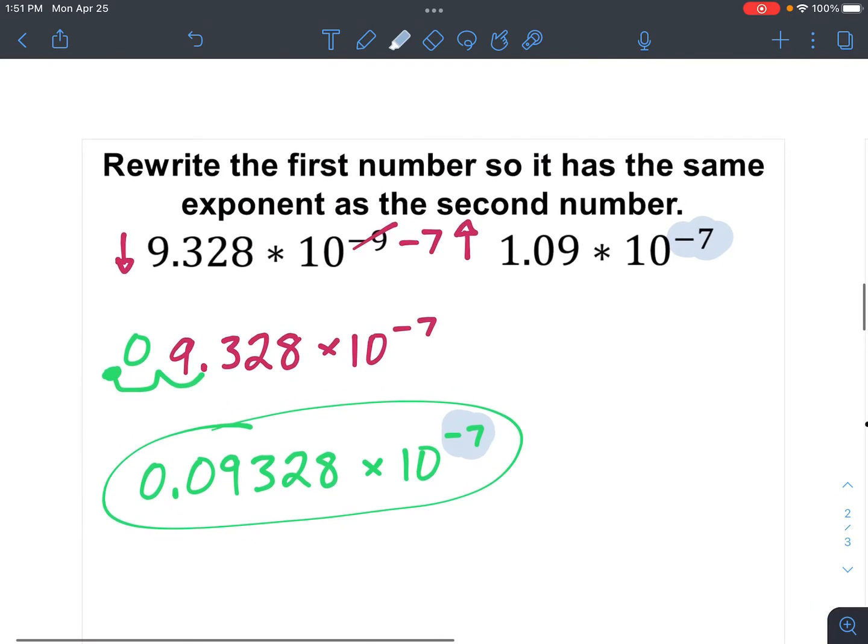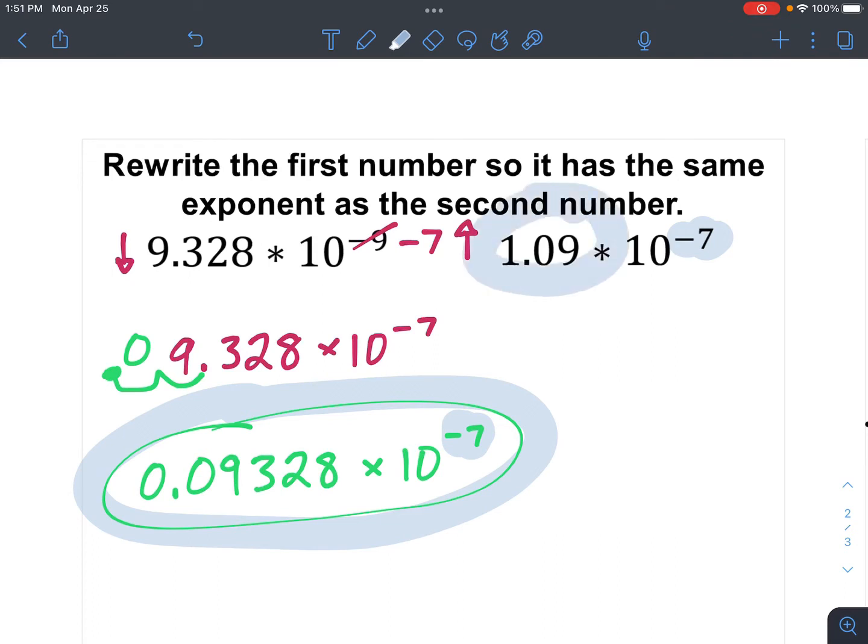Meanwhile, if we go back to this one here, if we take 0.09328 with 1.09, those two numbers have a much better chance of staying between 1 and 10. In fact, if we add them together, it definitely will.